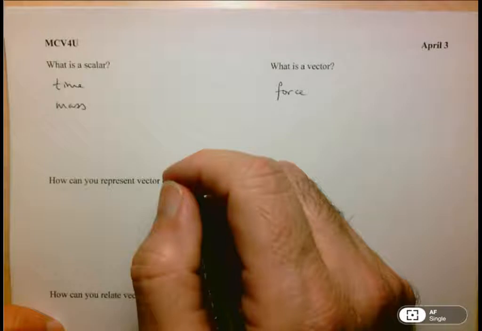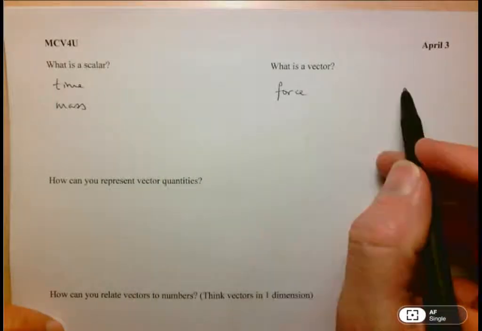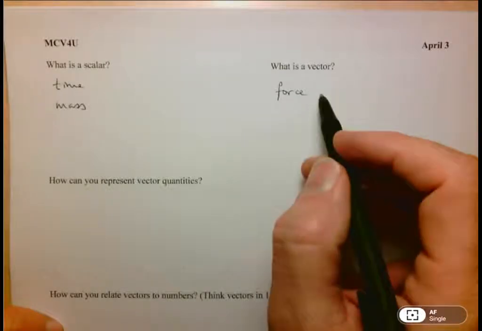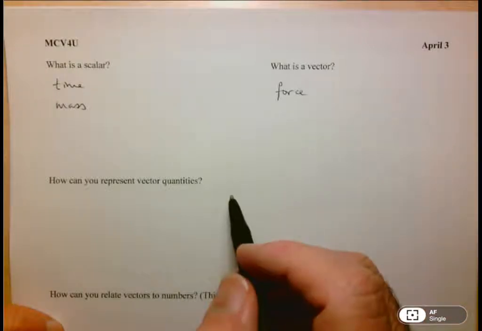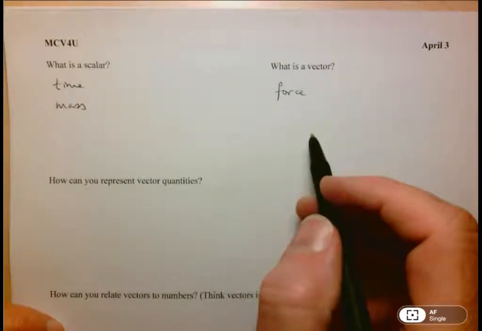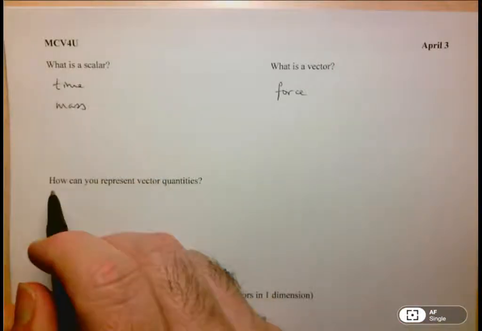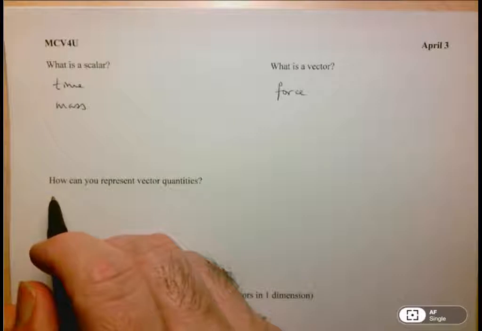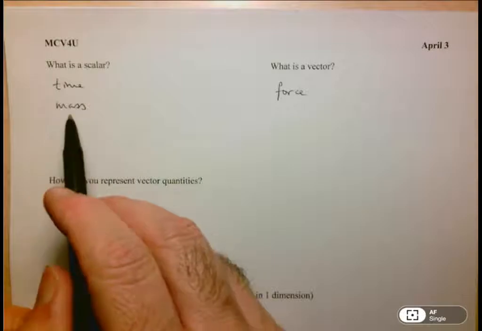If I push something with a force of 5 newtons in that direction, it's not going to have the same effect as if I push with a force of 5 newtons in the downward direction. It's going to cause a motion in a different direction. Whereas with time, direction is of no consequence to us. Something elapses over 5 seconds, direction is of no consequence. Mass, direction is of no consequence.